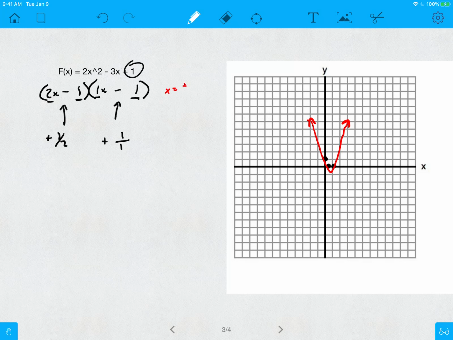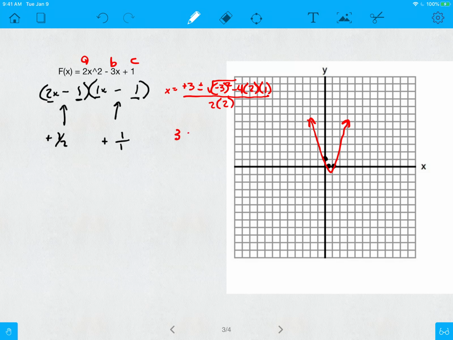Negative b plus or minus the square root of b squared minus 4 times a times c. Those are my numbers for my a, b, and c. This is a, this is b, and this is c. And notice the negative signs went with it, especially when I picked b, it was a negative 3. And then this is all divided by 2a, 2 times a.